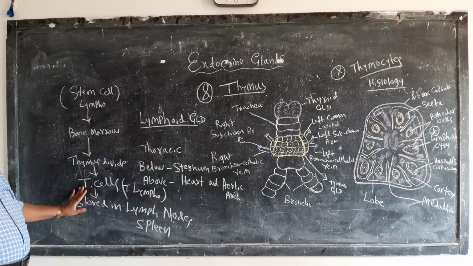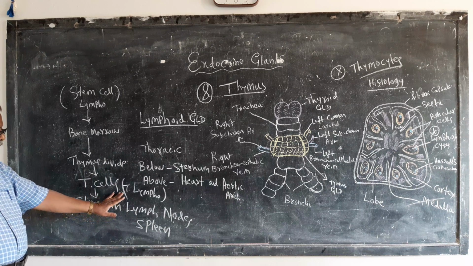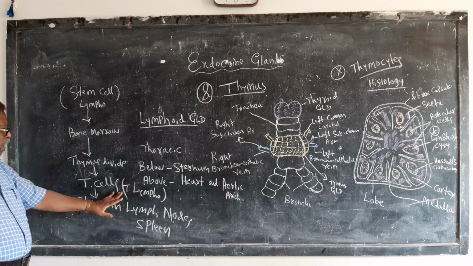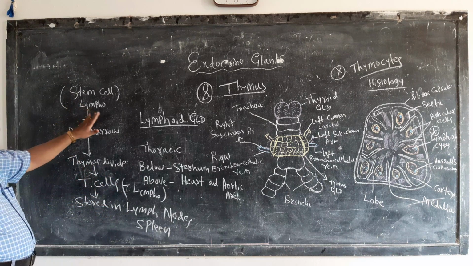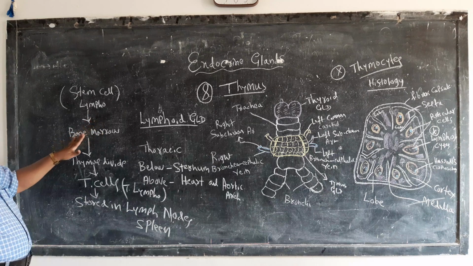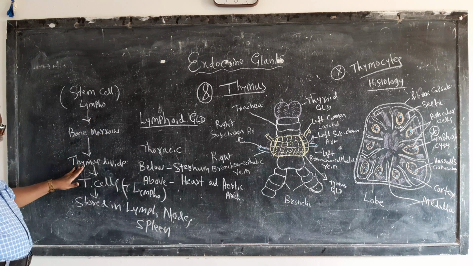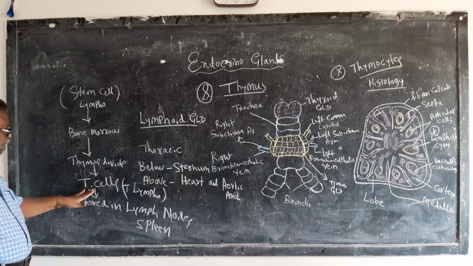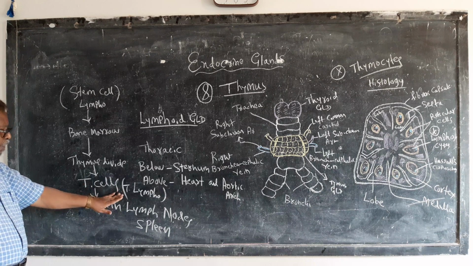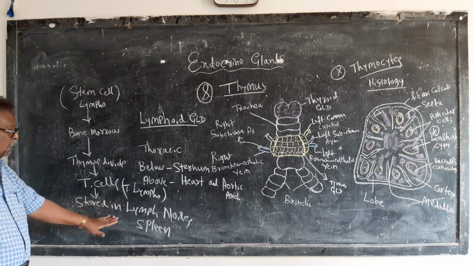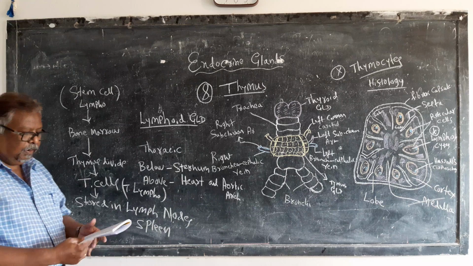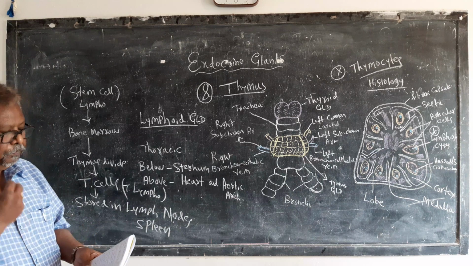The T lymphocytes are produced by the thymus gland from the stem cells of the lymphocyte present in the bone marrow, which come to the thymus and divide to form the T lymphocyte. This is a very important immunological material, stored in the lymph nodes and in the spleen region.